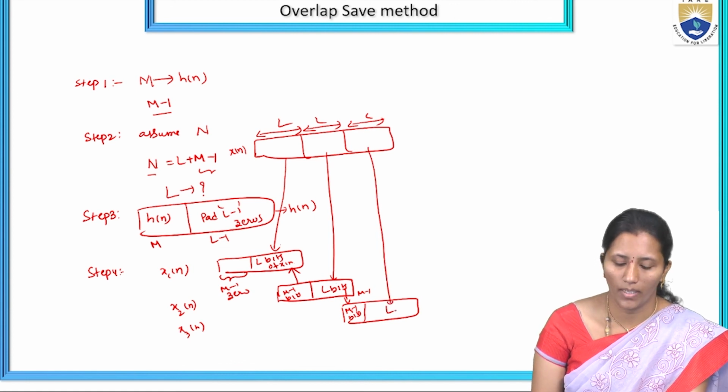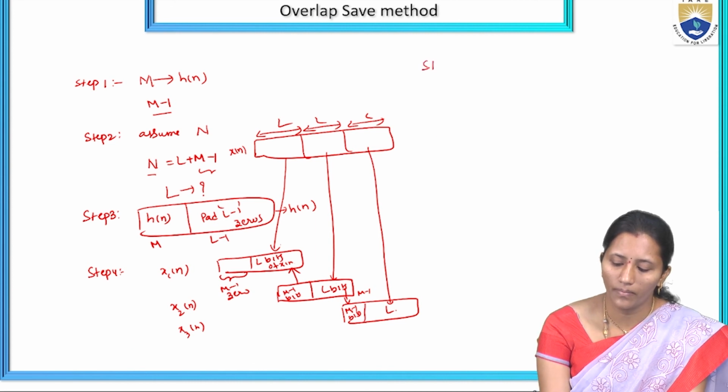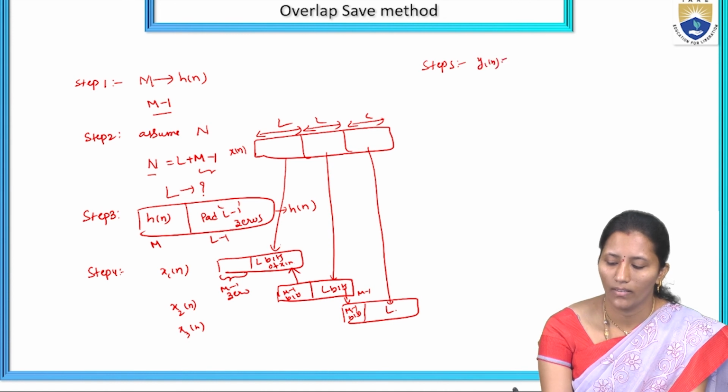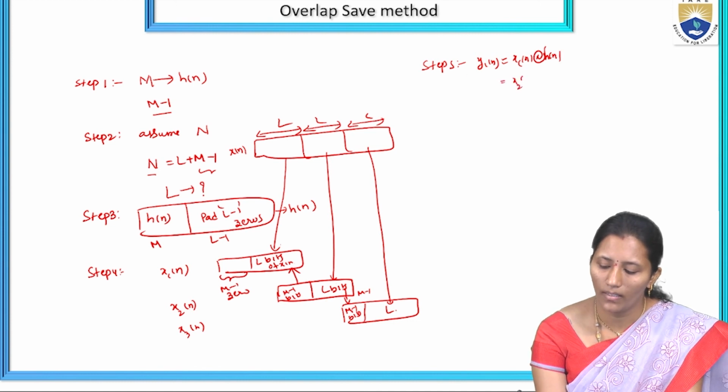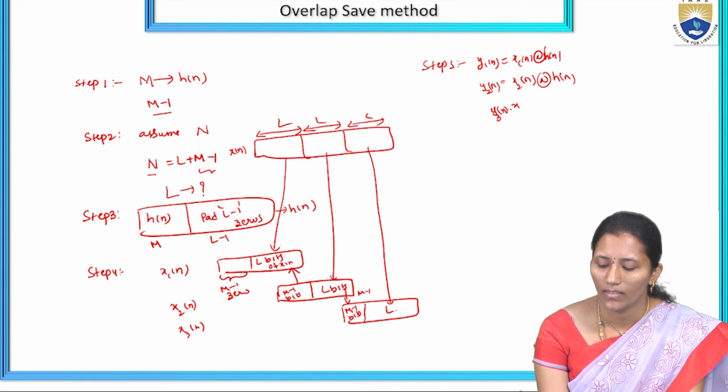Like that, we have to segment by using the overlap save method, and we have to perform circular convolution of x1 of n with h of n, and x2 of n with h of n, that is, we will get y2 of n. y3 of n is x3 of n circular convolution with h of n.